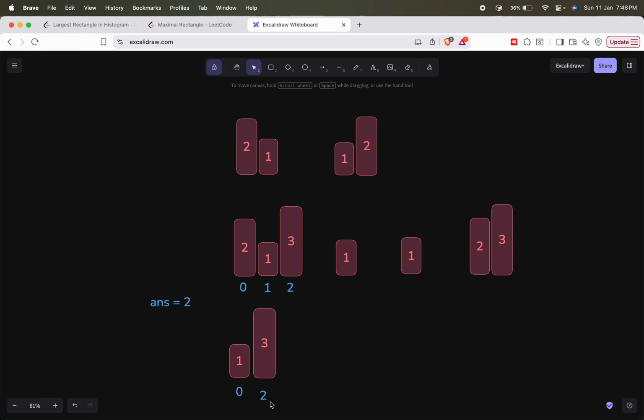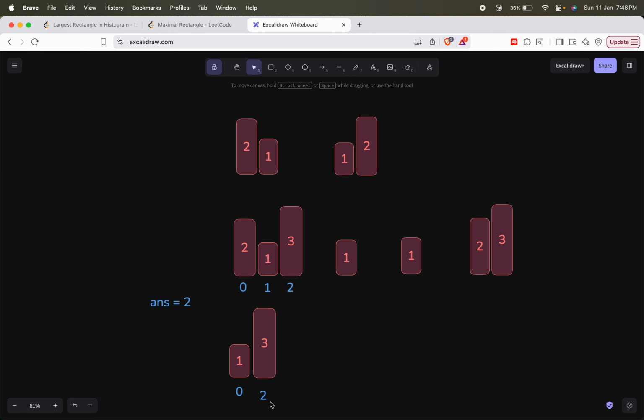As I mentioned, I will be requiring both the height and the position of the bar. So I have created a class called Pair which contains two fields: index and height. Index is the index at which the current bar resides, and height is the height of the bar.